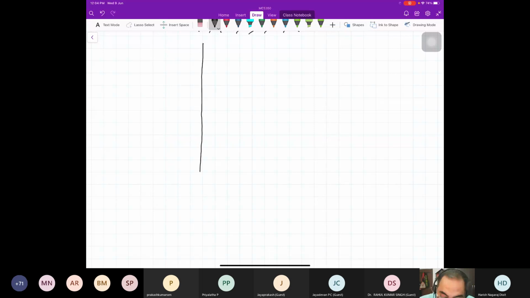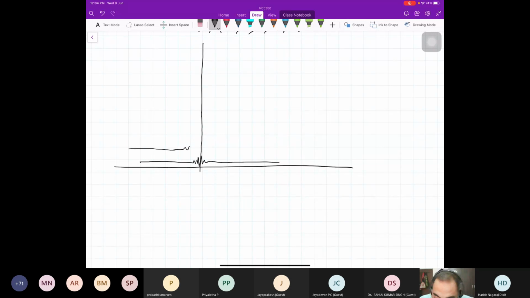There's another kind of system that can happen where you give an initial disturbance. After some time, you'll see that it'll keep growing like this.